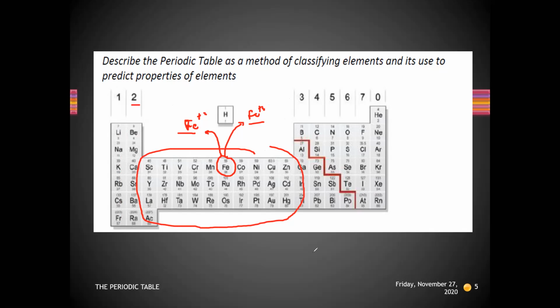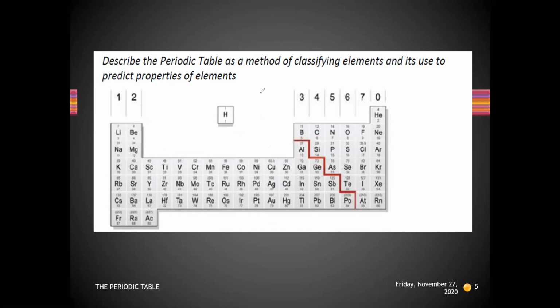Why is hydrogen placed alone, not in group 1? There's a reason for that, because these are all metals: lithium, sodium, potassium, rubidium, cesium, and francium. But what is hydrogen? Hydrogen is a non-metal. So it should be here. In some periodic tables you will find hydrogen placed here.